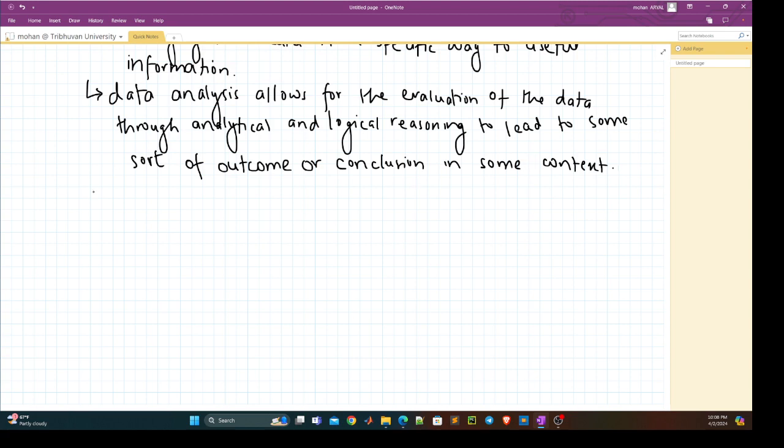Okay, now let's move to the third one. Data analysis is a multifaceted process, right?